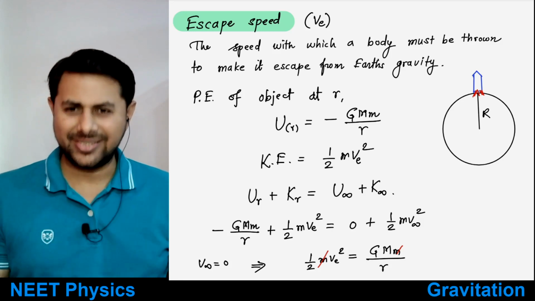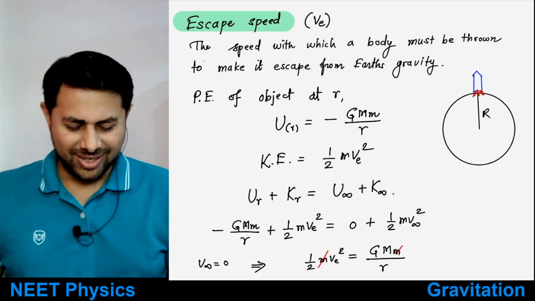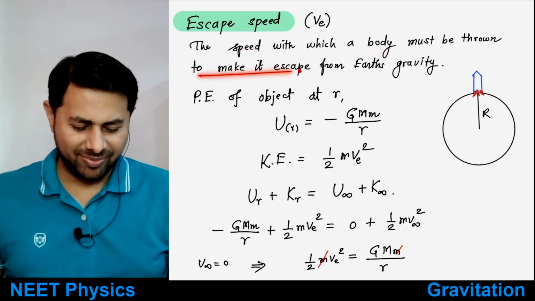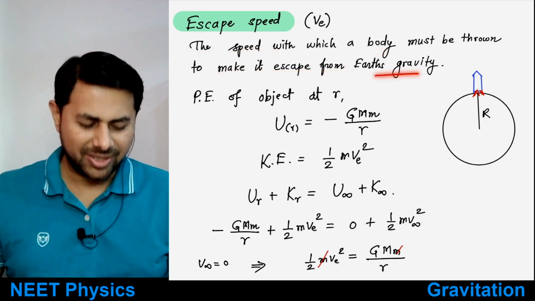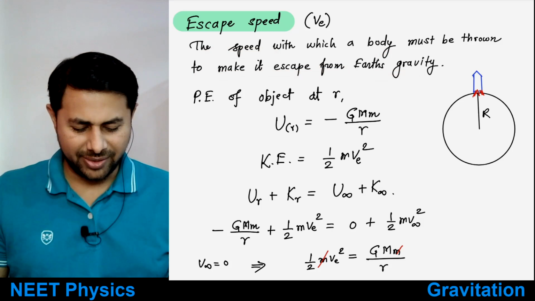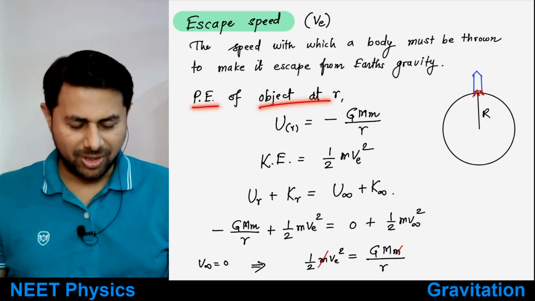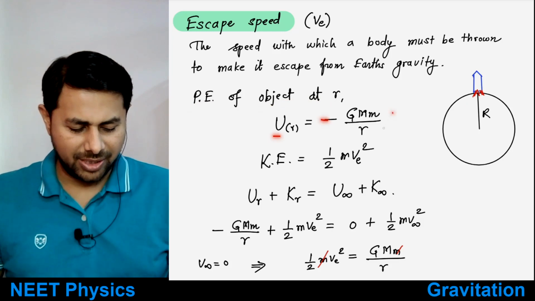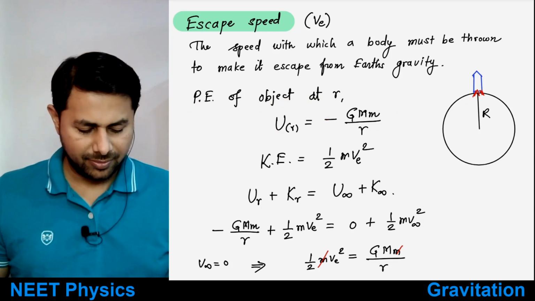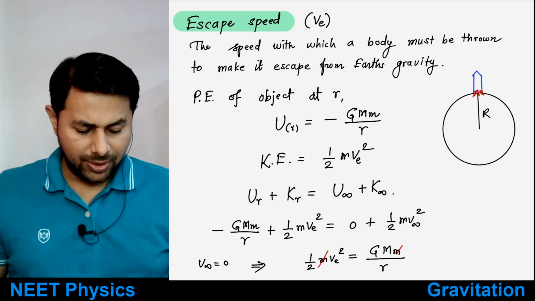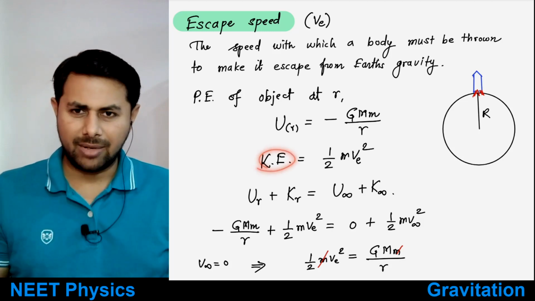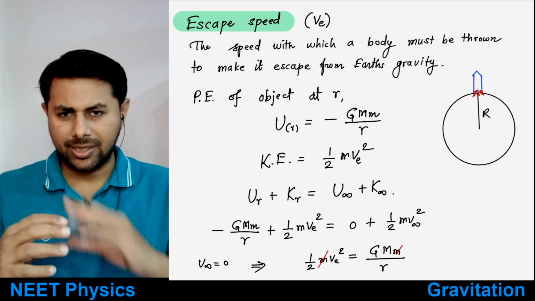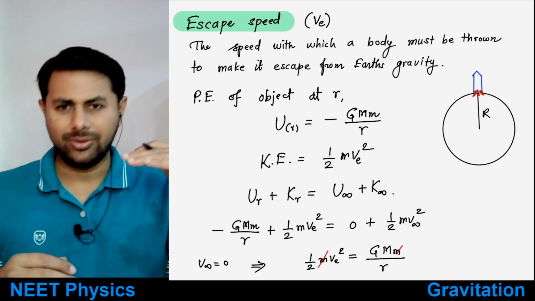So let's check what's that speed. The speed with which a body must be thrown, it can be any body, to make it escape from Earth's gravity. The potential energy of object at distance r, we know it is minus GMm divided by r. Kinetic energy, we know it is half of mv square. Now the object never comes back means it goes to infinity.